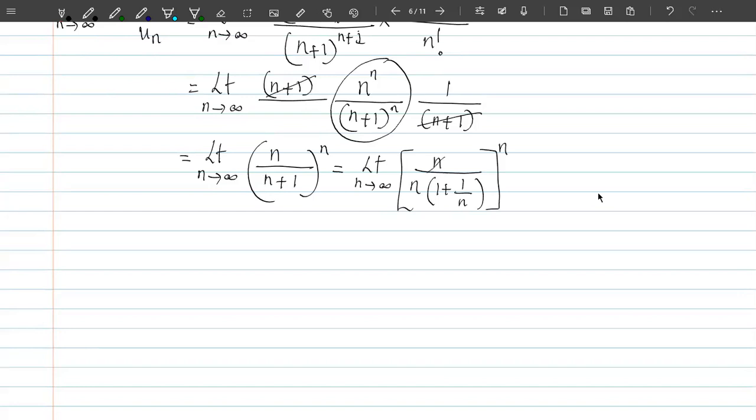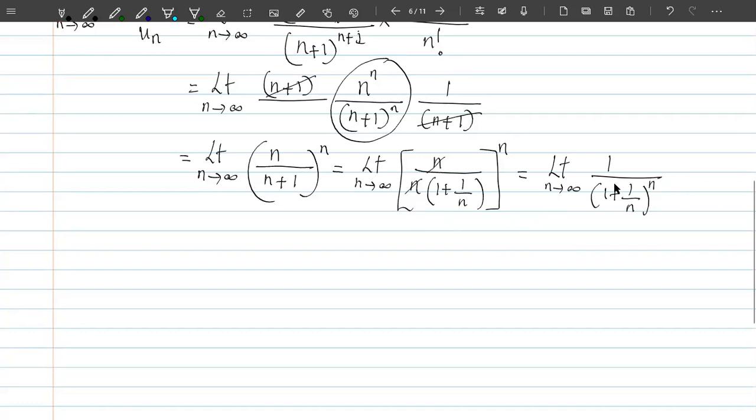Now this n and this n cancel, so I get limit n tending to infinity 1/(1 + 1/n)^n.